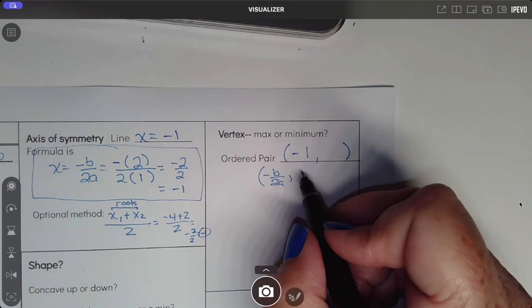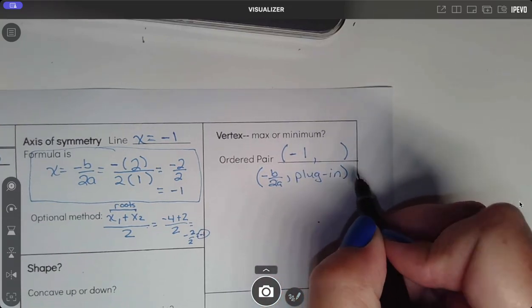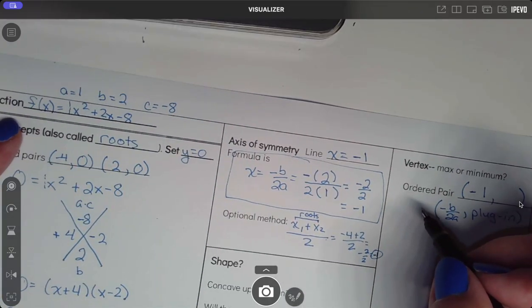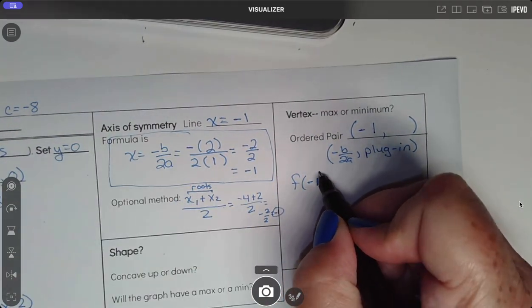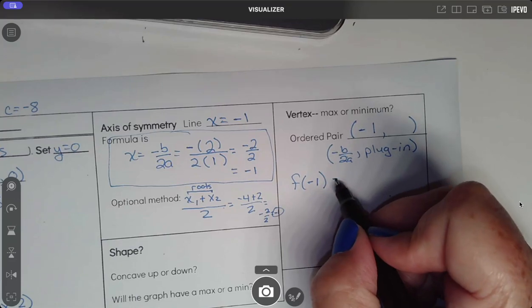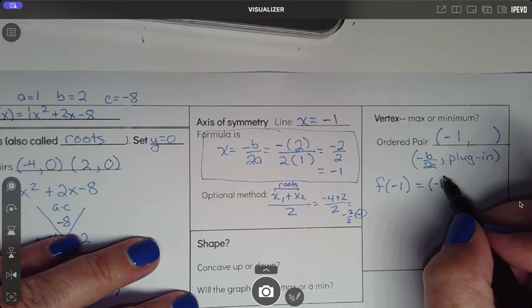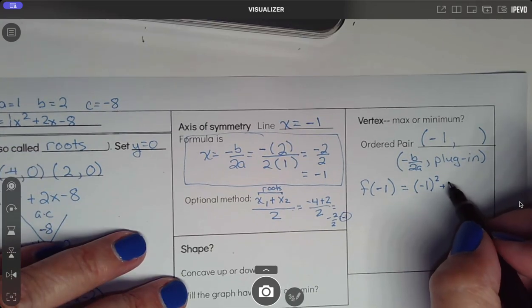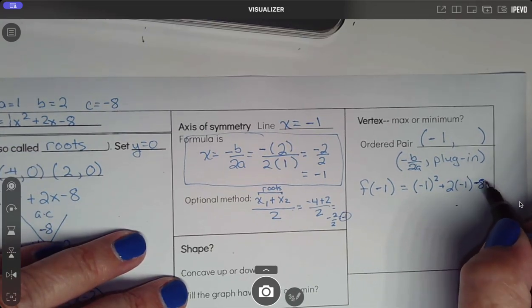And then how do I find the second number? Well, I plug in, or substitute. If we know x has to be negative 1, then that's exactly what our function is for. I'm going to use my function to find f of negative 1. So that's going to equal negative 1 squared plus 2 times negative 1 minus 8.